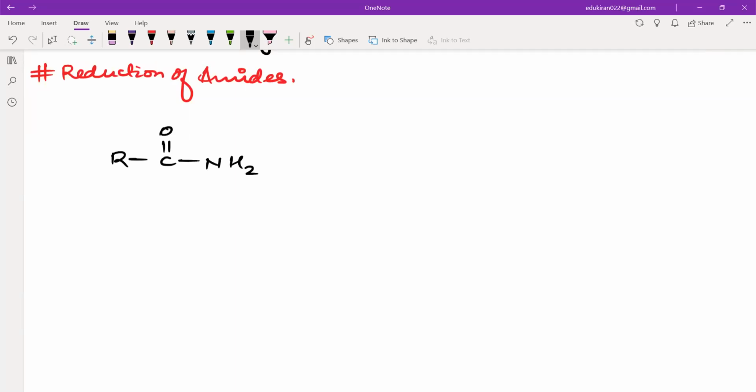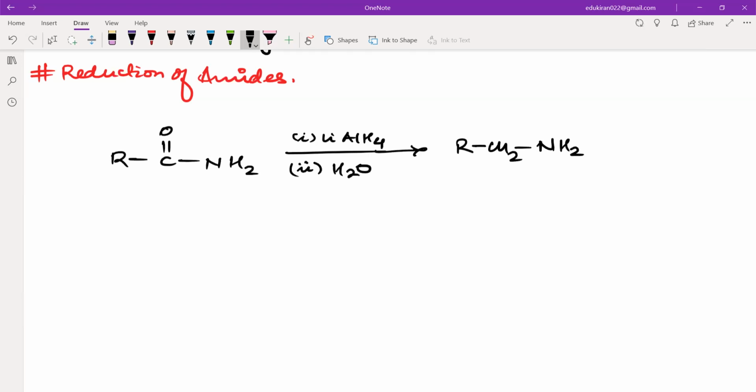We just use LiAlH4 first, then we do work up with water and we get RCH2NH2. So if we have something like this, CH3, C double bond O, there's nitrogen attached here, and this nitrogen is further attached to CH3.